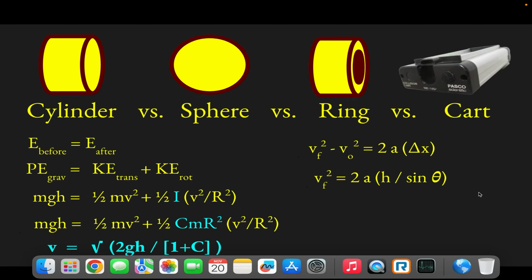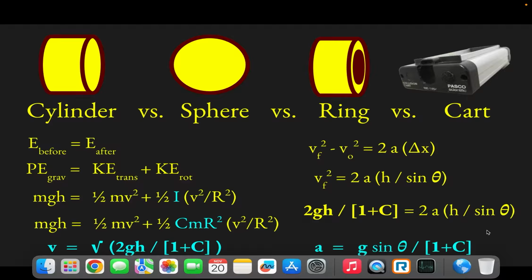If you draw a ramp yourself, you'll be able to see that geometry. For v final we already have an expression, the square root of this thing. So if I square it, we'll get 2gh over 1 plus c, equal to the right-hand side of this equation. We could cancel away the 2's and the h's, and if we solve for the acceleration, we get this expression here for the acceleration.